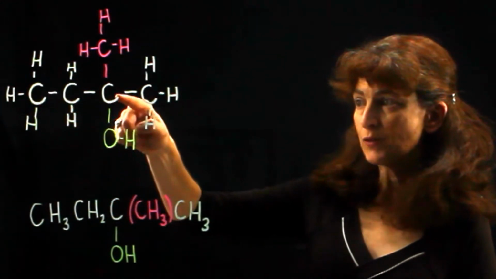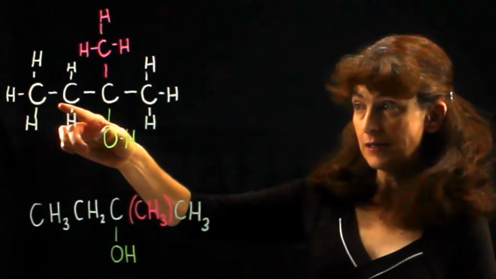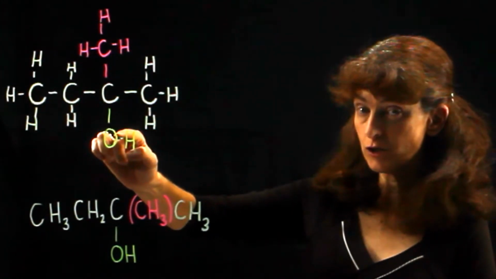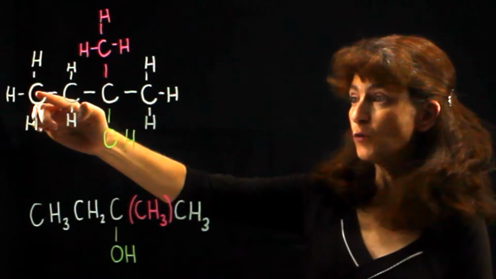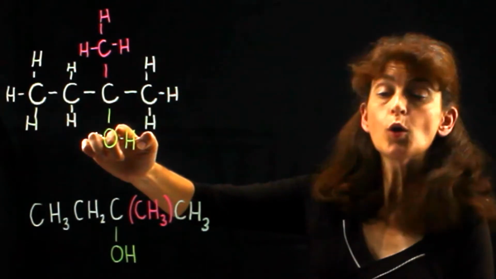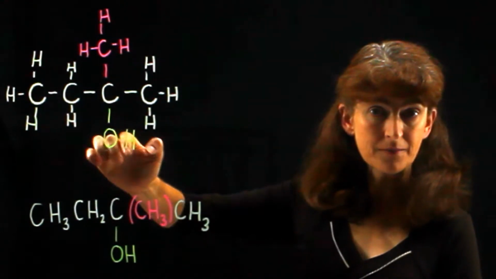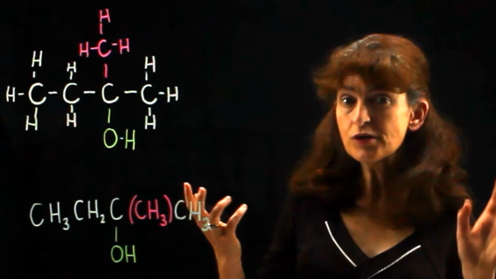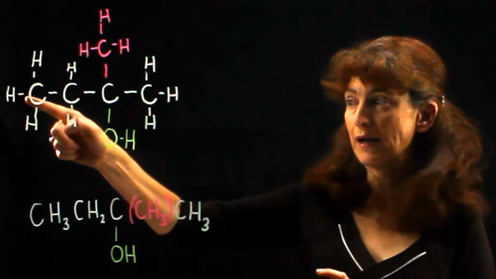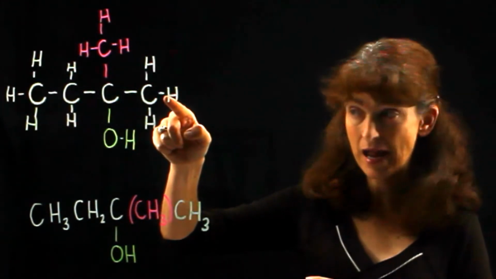It could be this one, that is 4 carbon long, and it has the functional group attached to it, or it could be this one, also 4 carbon long, and also with a functional group attached to it. It doesn't matter which we choose, we would get the same answer in both cases, but let's choose the simpler one. Let's take that as the main chain.